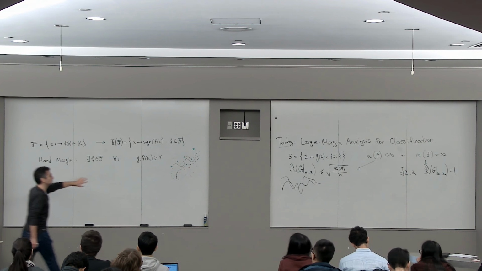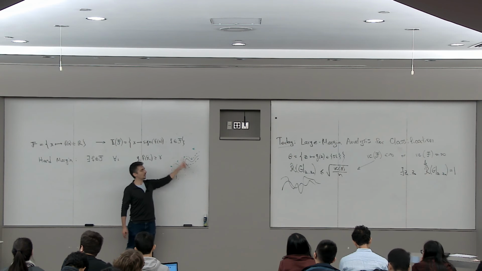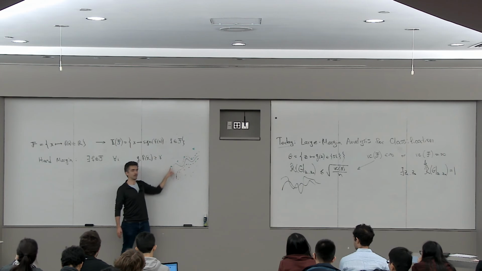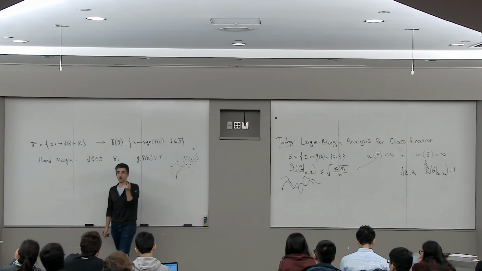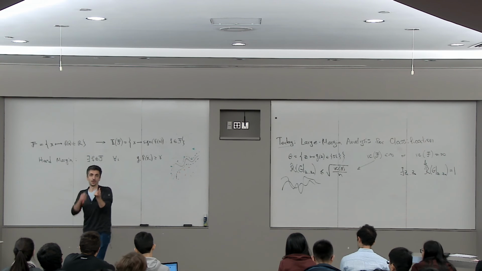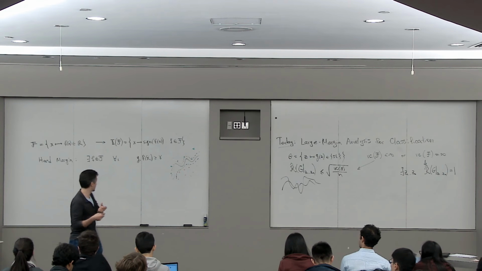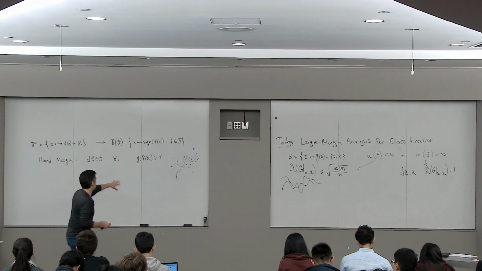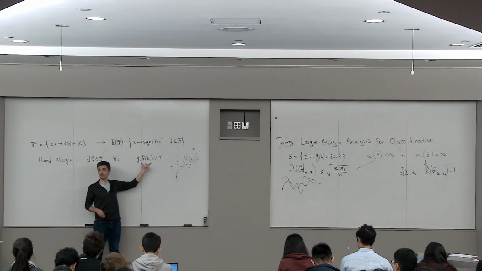Now, this picture is a little bit misleading because, if this is a boundary, the way that I drew it suggests a geometric margin: the distance to the decision boundary is at least gamma. But the way that I wrote it is just in terms of the values.